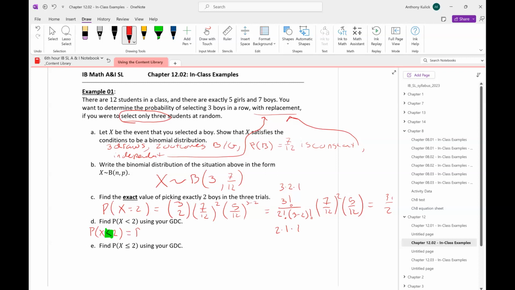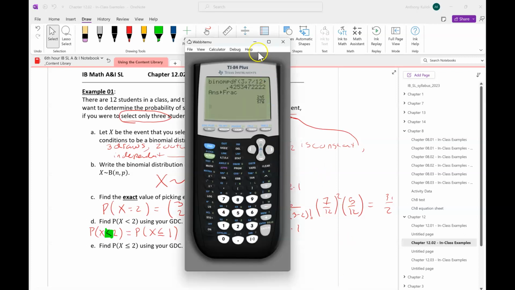So less than 2 has to be the same thing as less than or equal to 1. Right? Because less than 2 means you either got 1 boy or 0 boys. Less than or equal to 1 means you got 1 boy or 0 boys. Feel okay?